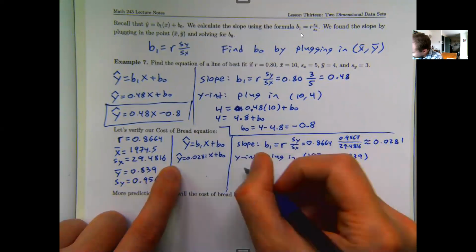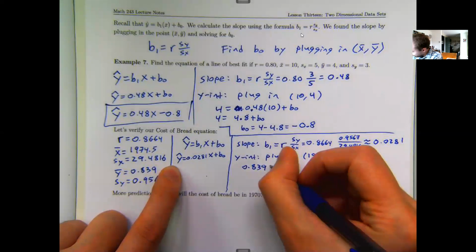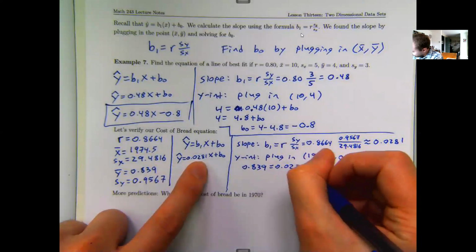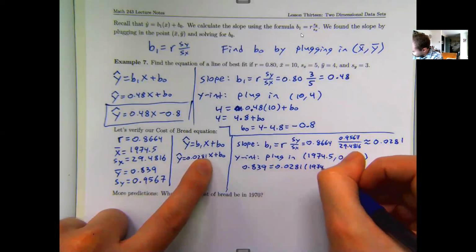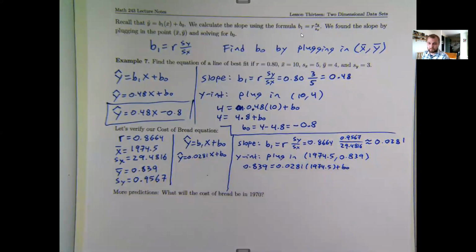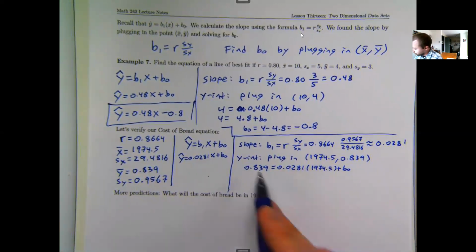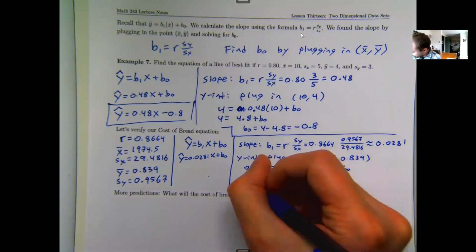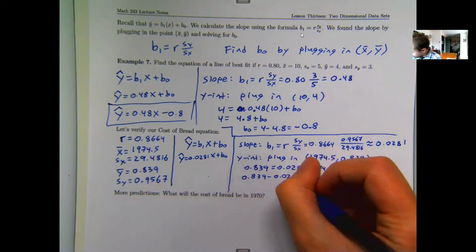So I've got 0.839 is equal to 0.0281 times my x plus b0. If I want to get rid of this addition, I can just take whatever this number is and subtract that from the other side. So I'm going to have 0.839 minus whatever this number ends up being.